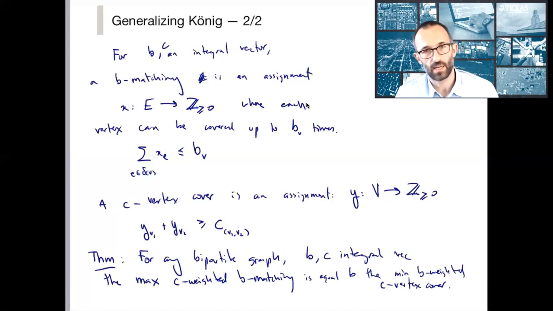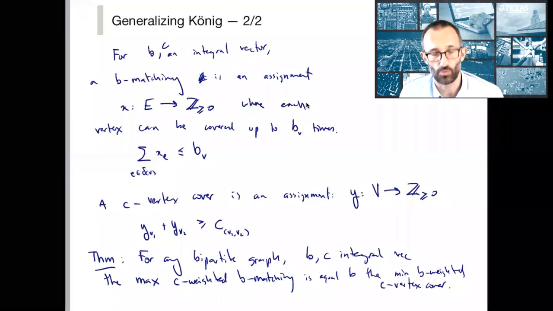So again, this basically comes for free over Konig's theorem if we prove Konig's theorem using total unimodularity.